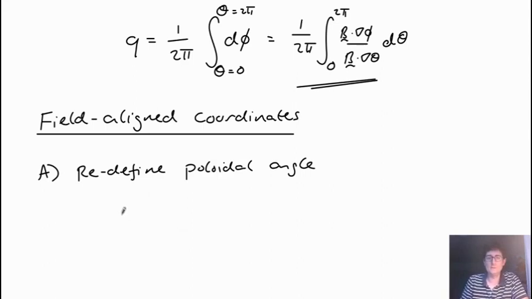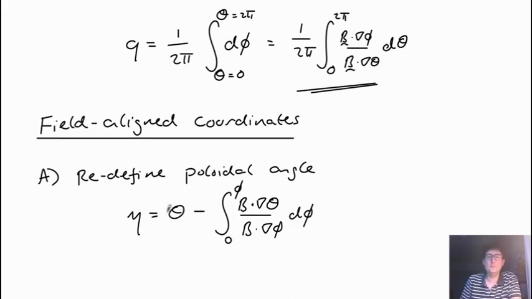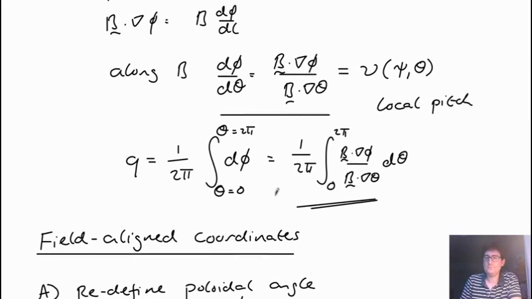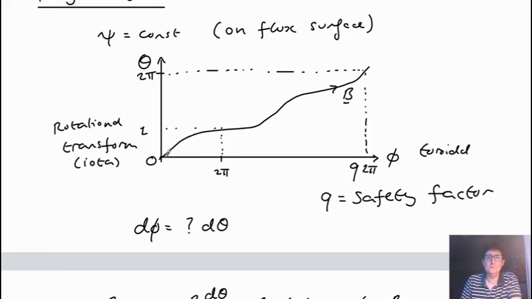And so using this we can define a new poloidal angle, which is the original poloidal angle minus basically the change in poloidal angle as we change in toroidal angle. And so this is if we moved a distance in toroidal angle, this is how much the poloidal angle would change.